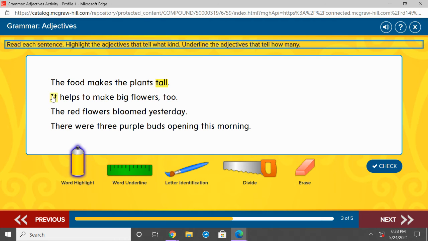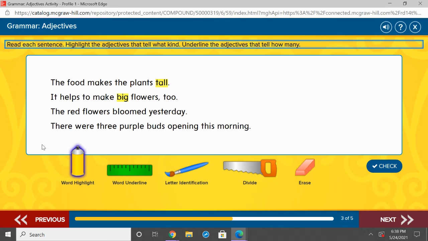Next one. It helps to make big flowers too. What kind of flowers? Shout out the adjective. What is it? Big, right. Now, does big tell us how many or what kind? It tells us what kind. Good.